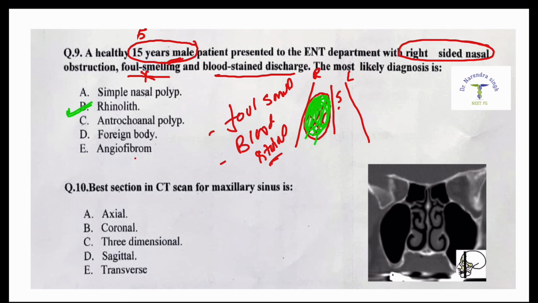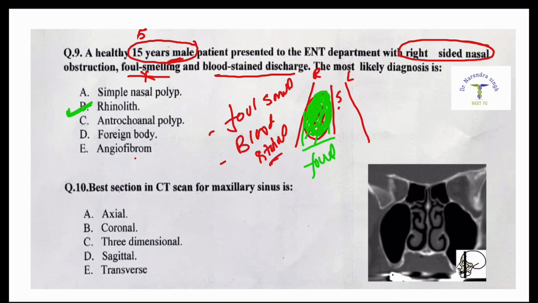So it qualifies with the first. And rhinolith formation is a continuous chronic process that leads to foul smelling discharge, and due to the space occupying nature of the rhinolith, it can cause trauma to the nasal mucosa. So the discharge can sometimes be blood stained. So all three things qualify rhinolith as the correct answer.